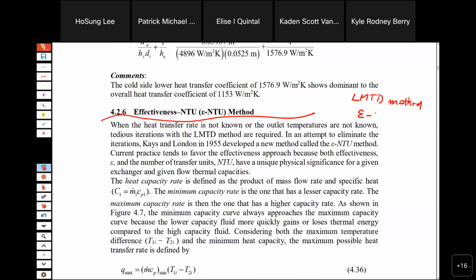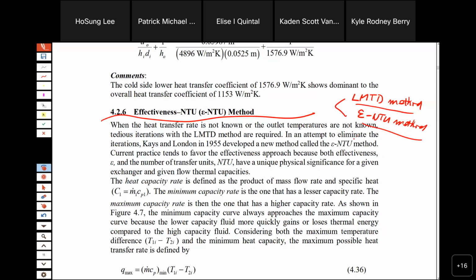And the effectiveness NTU method. Two methods you can solve, actually, because this is analytically you can solve it, but the industry, they prefer to use the effectiveness NTU method.